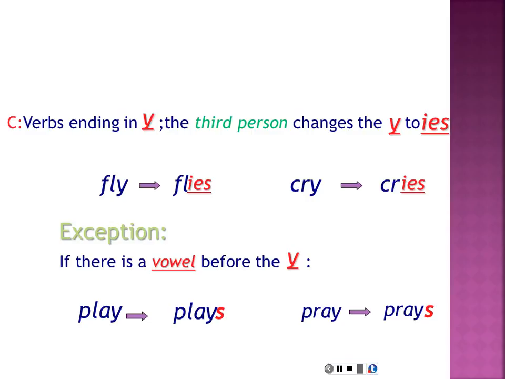When we have a third person singular, مفرد غائب, in the sentence, and the verb ends with the letter Y, we change the Y to I and add ES. There is an exceptional case where we do not change the Y, and that is when the Y is preceded by a vowel letter, the Y at the end of the word or verb, to be more specific. Okay, I hope you understood this.